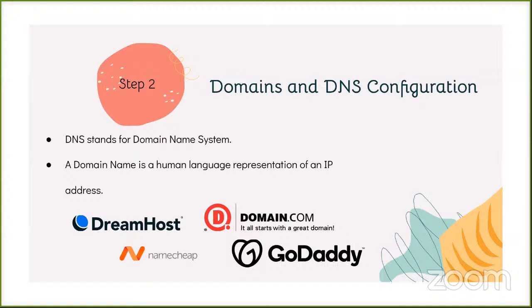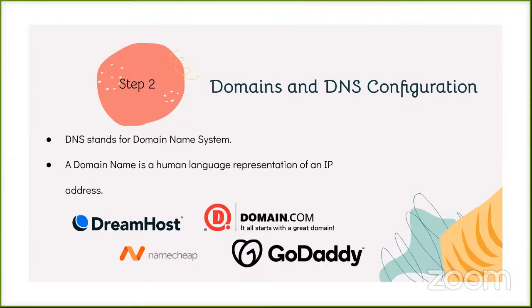For example, can you imagine if you're checking for facebook.com and DNS configuration and domains did not exist? We would have to memorize each and every IP address of each and every application or website we would want to go through. That would be very, very hectic.